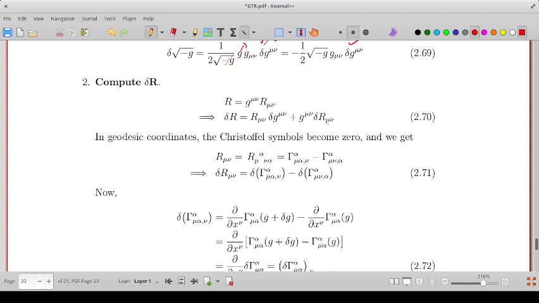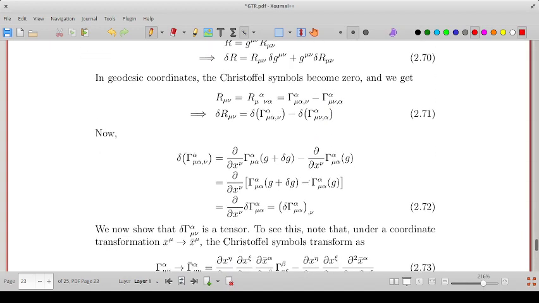So now we need to consider delta r mu nu, which is delta of this term, which is this, minus delta of this term, is that. So now we compute what this means.